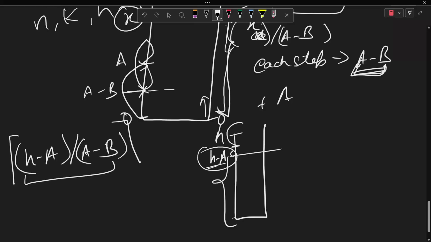Because if this is, let's say, 3.5, then you would complete that jump, so you would take the ceil. If you take the floor, you would reach just below h minus a. If you take the ceil, you would reach just above h minus a. So the ceil of this, and plus one more second to jump out of the well.